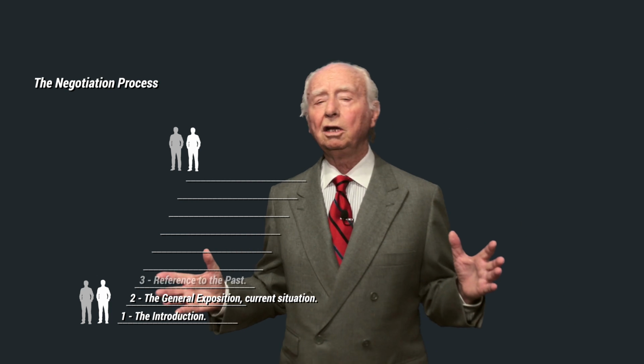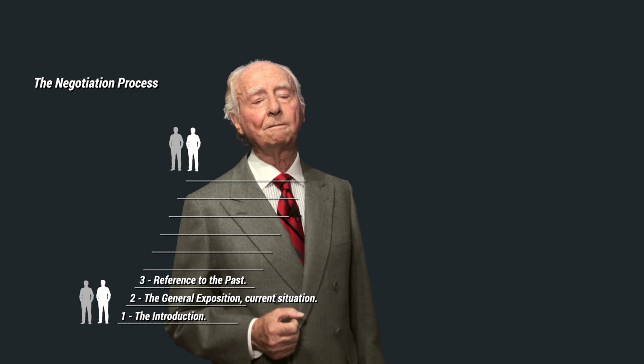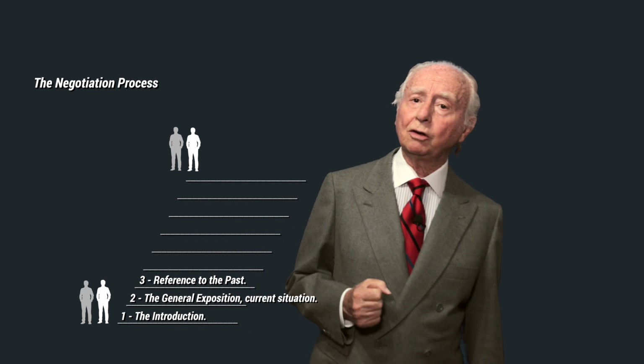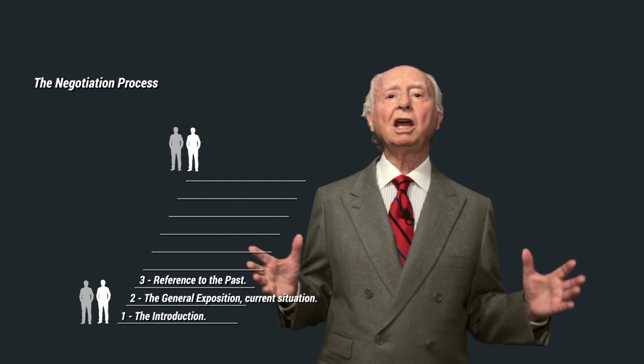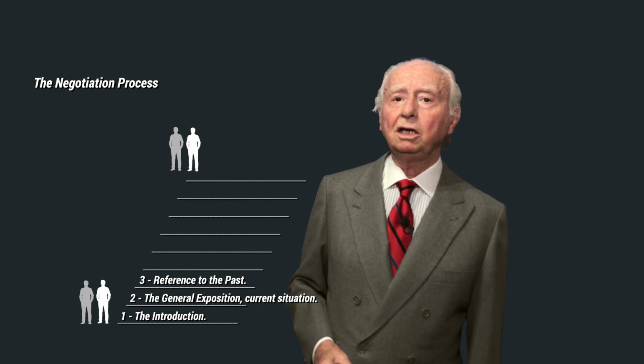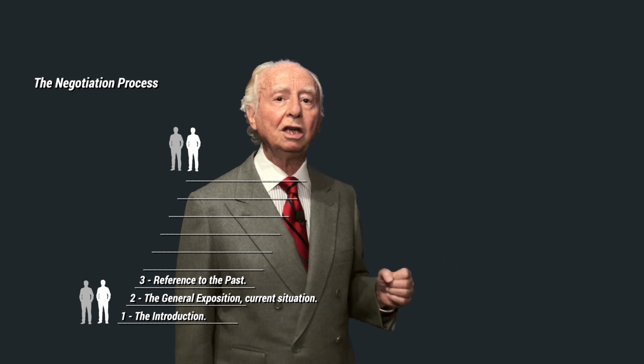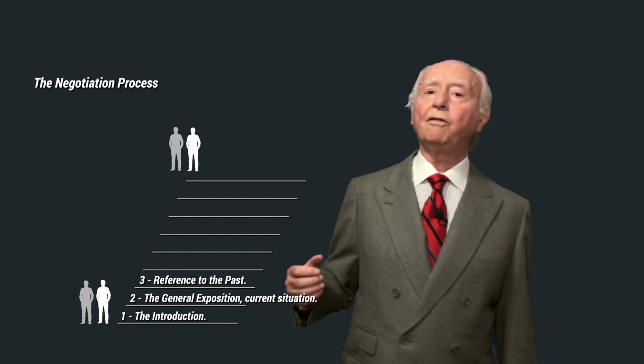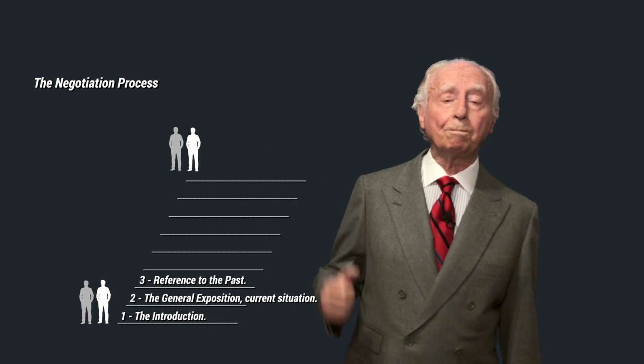Stage 3, reference to the past. Making history, the background. As we have already pointed out, it is important to do it in this order: first the current situation, followed by the reference to the past.